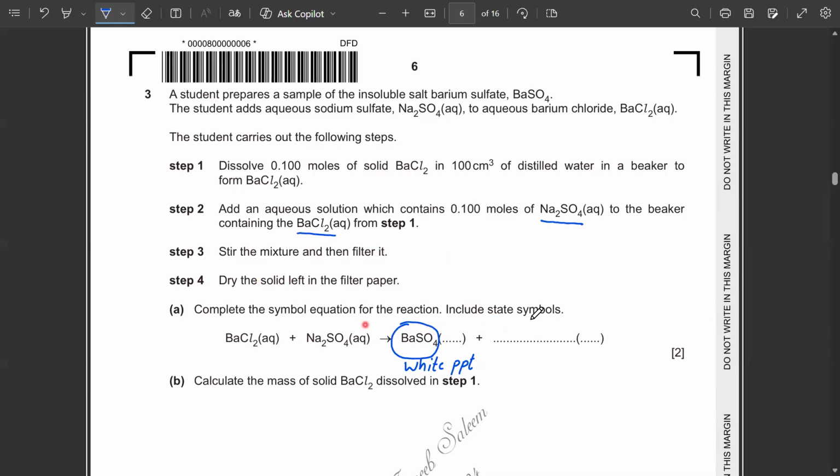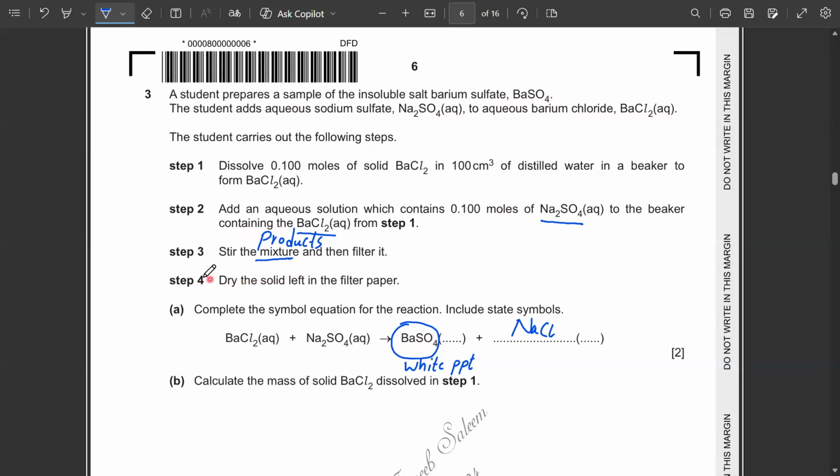We remember in part A, the other product was sodium chloride, and this sodium chloride is definitely there in the mixture because we are stirring the mixture, which is the mixture of the two products. Step 4 is just drying the mixture.